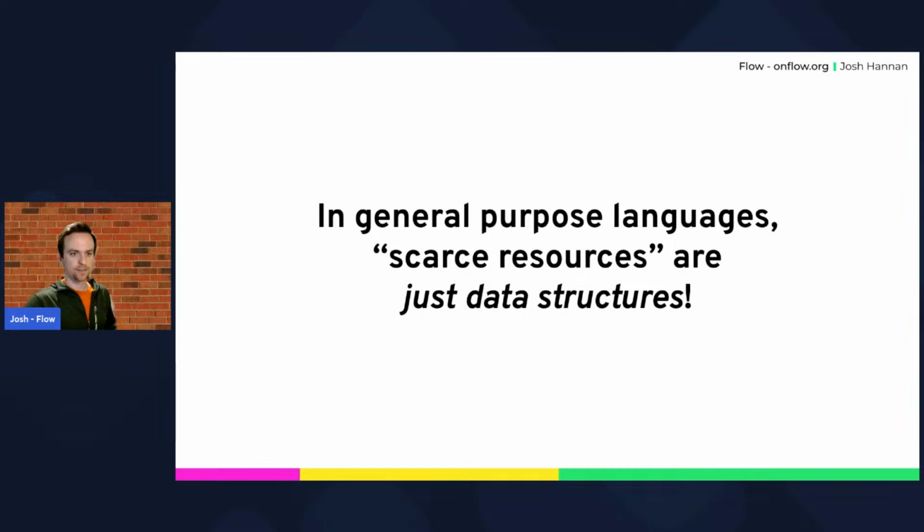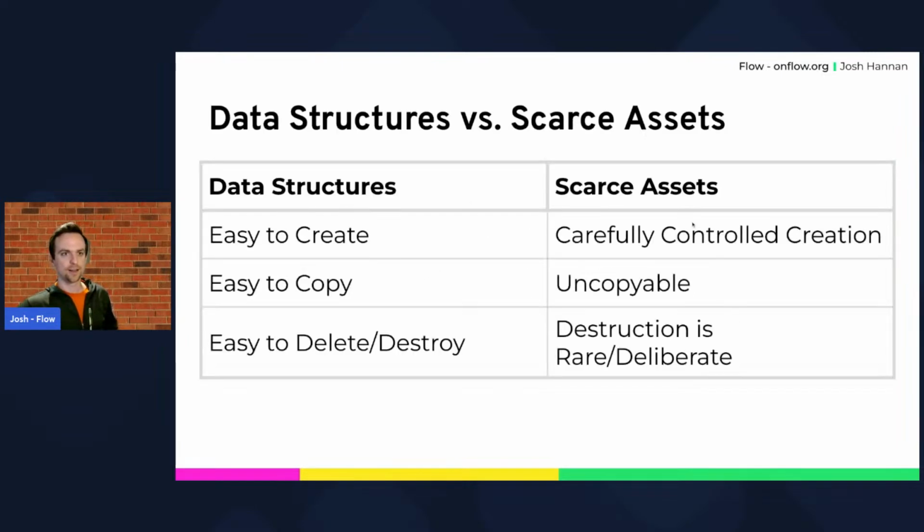And we discovered that traditional data structures don't fully satisfy the requirements that we want to enforce for digital assets, because as we know, digital assets have a lot of value.